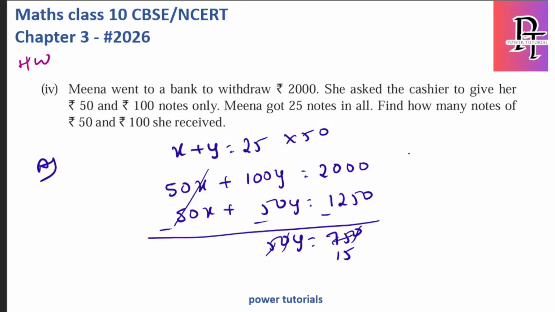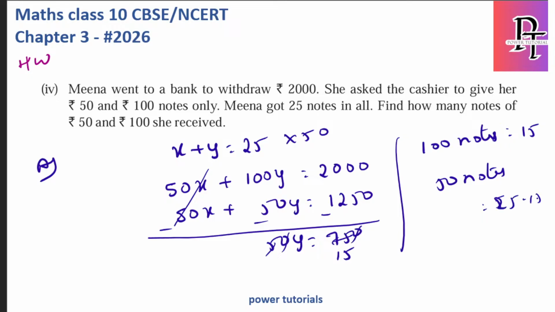So I got 100 notes is equal to 15. If 100 notes are 15, I can say 50 notes are nothing but 25 minus 15, which is 10. So 50 notes are 10 and 100 notes are 15.